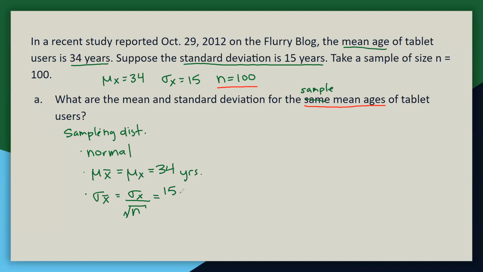So standard deviation is 15 years, and we want to divide that by the square root of the sample size, which is 100. I know the square root of 100 is 10, and 15 divided by 10 is going to be 1.5 years. So the mean and standard deviation for our sampling distribution, or our sample mean ages, is 34 years and 1.5 years. We're going to keep that in the back of our head as we move forward, 34 years and 1.5 years.